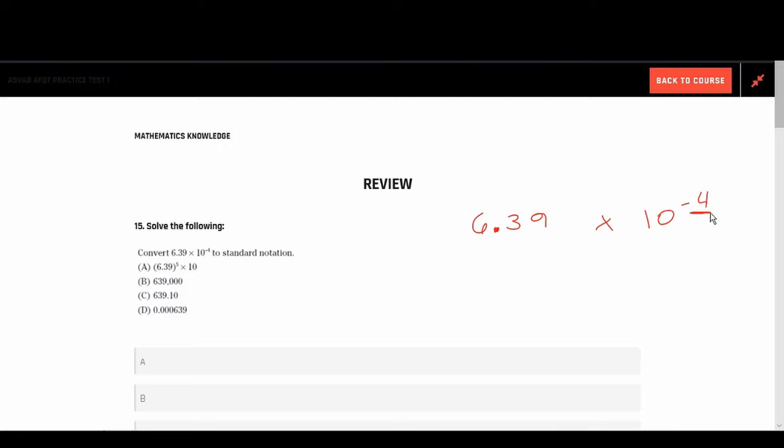And since this is negative, we know it's going to shift the decimal place to the left 4 times, which looks like this. 1, 2, 3, 4. Add our zeros in those gaps. 1, 2, 3. So we know this is going to be 0.0000639, which is answer choice D.